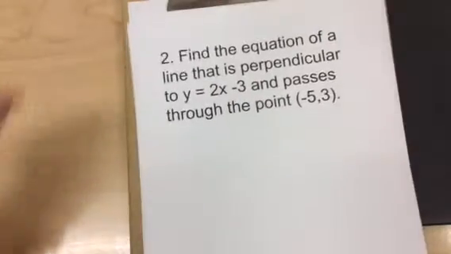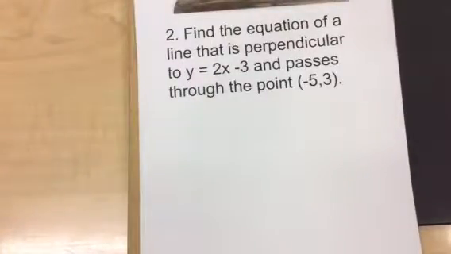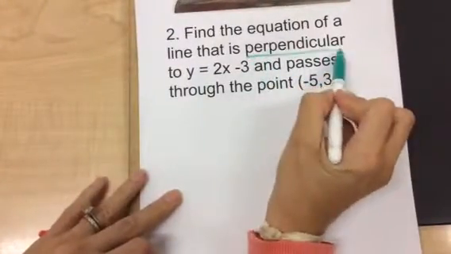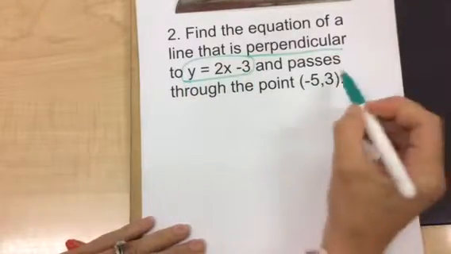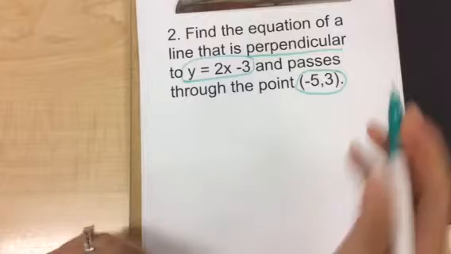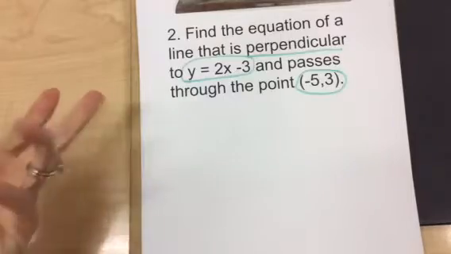Next, we're going to write an equation of a line that is perpendicular to y equals 2x minus 3, but it has to go through the point negative 5, 3. So we're going to make a table first like we've previously done.